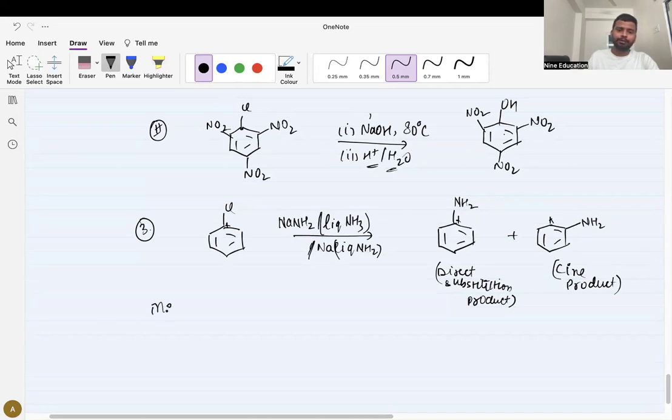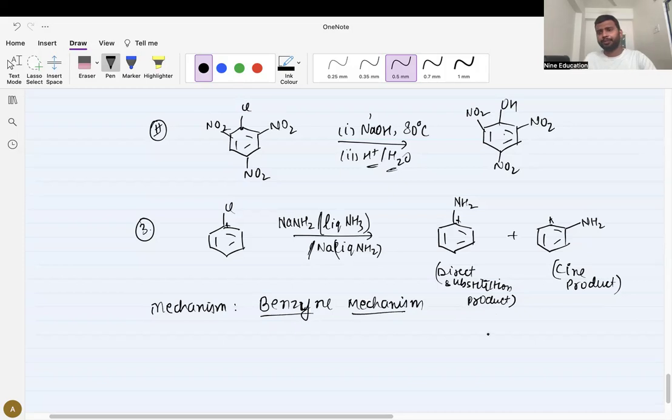The mechanism of this is the benzyne mechanism. And this is beyond your syllabus, so you don't have to do it, you just write.